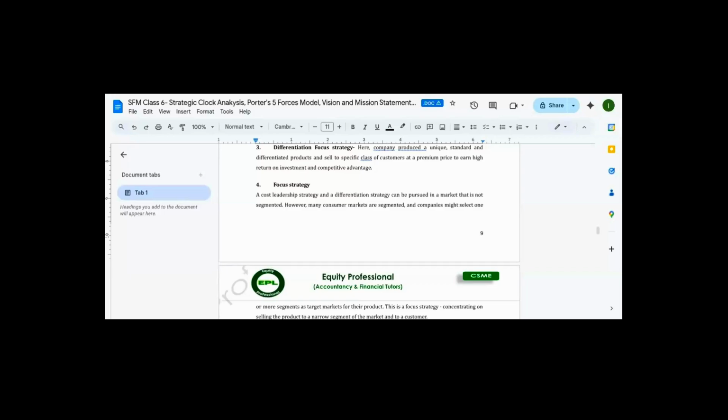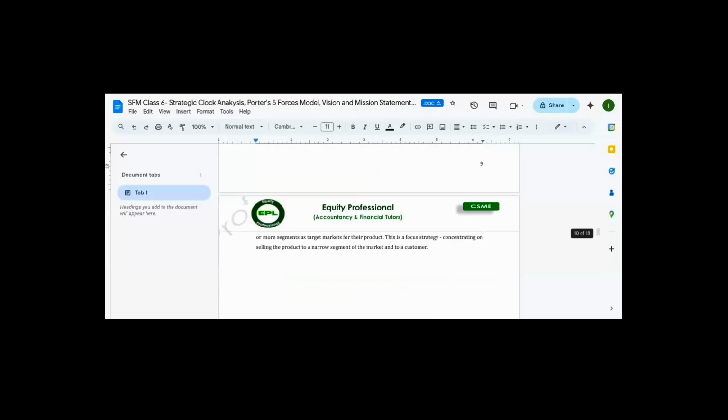So instead of running after the entire opportunity in the market and at the end of the day not gaining any productive benefit, they will rather focus on a small niche, a small part of the market. They direct their resources, their products there, and sell to the customers.